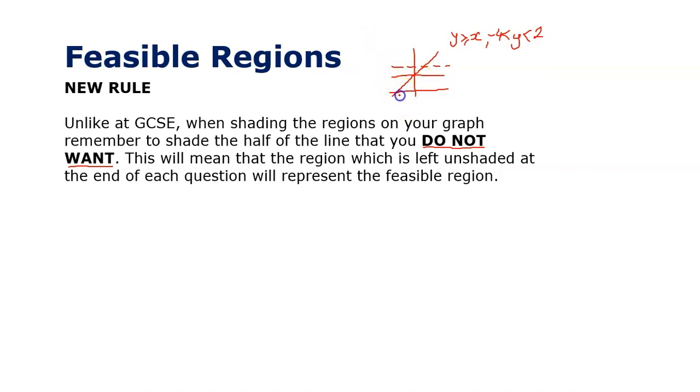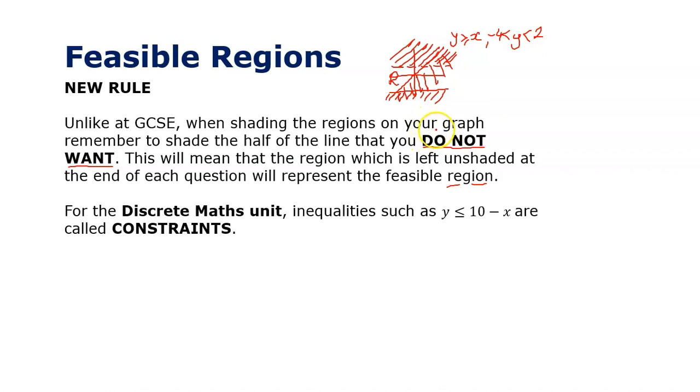So it's actually better to shade in the bits you don't want. So I don't want the bit underneath this diagonal line, and I don't want the bits on the outside of this. I wanted the bits between it, so I don't want the bits on the outside. And you can see there is this bit over here which is unshaded. And usually we put a big capital R to represent the region that we want. And by doing it that way, it tends to work better.